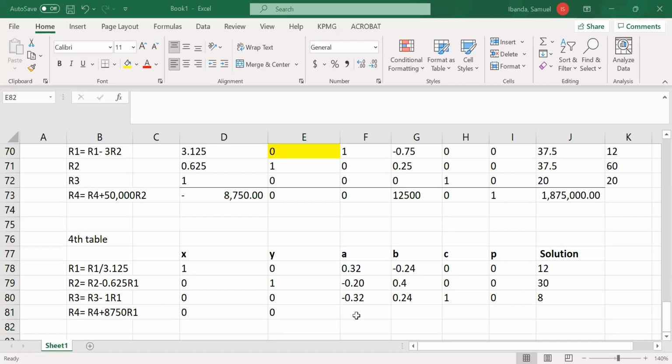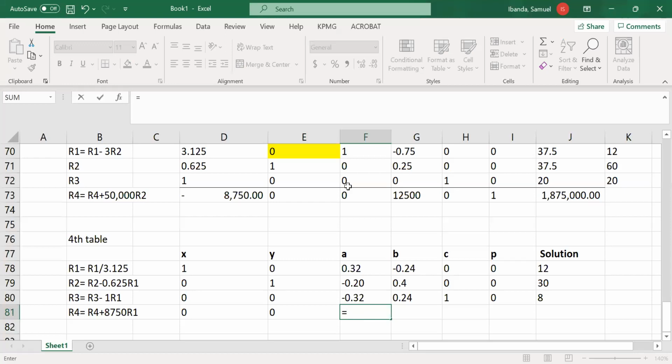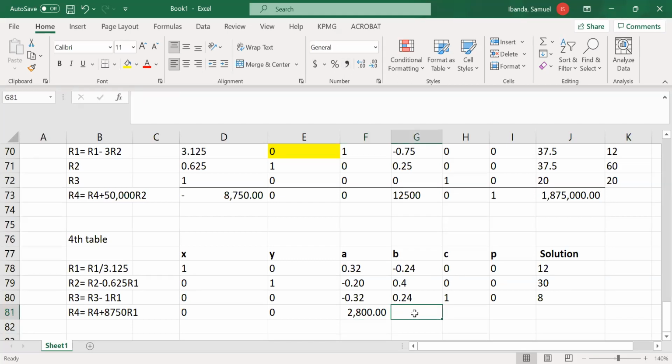So let's look at this, and this is R4, which is 0 plus 8750. This has to be multiplied with your R1, which is this 0.32. So it gives you 2,800. That is what you're getting. Let's look at this.